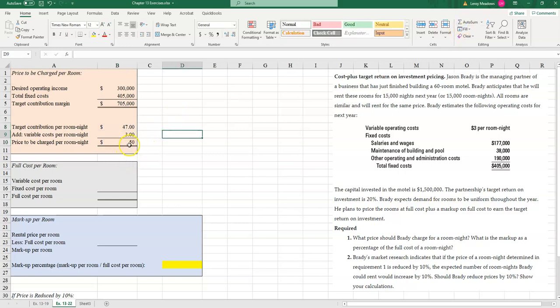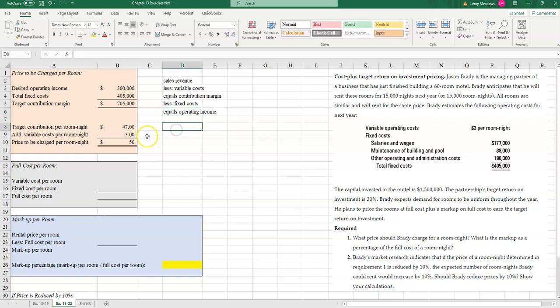So what I really did was took the contribution margin income statement in this first section here, and I flipped it around. If we look at it, what is our normal breakdown? Our normal breakdown is sales revenue less variable cost equals contribution margin, less fixed costs equals operating income.